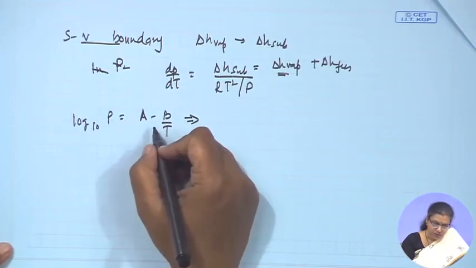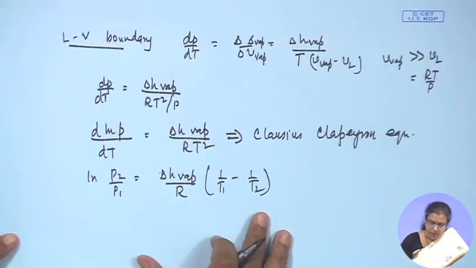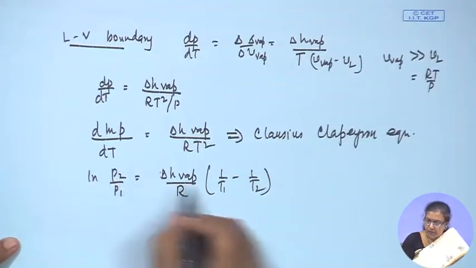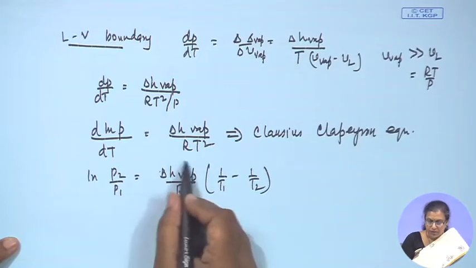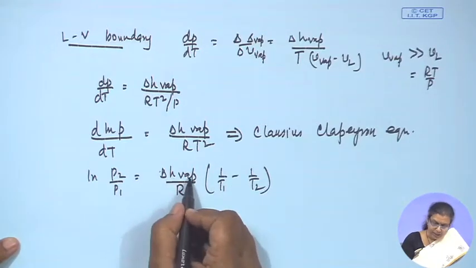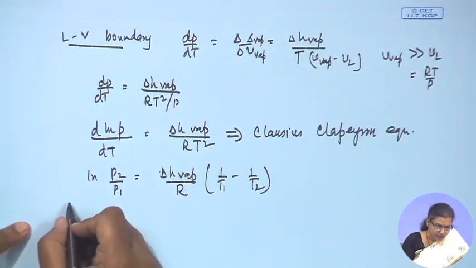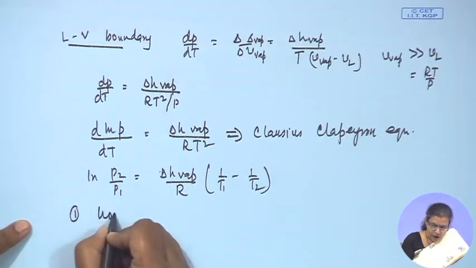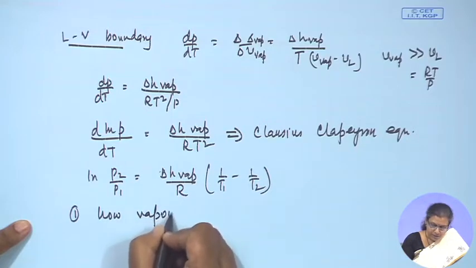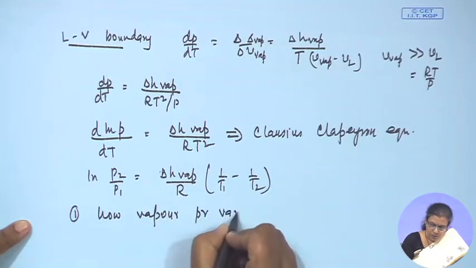The utility of this particular equation, or even the equation written in this form, is, first thing, we can predict the P versus T curve from thermodynamic data on latent heat of vaporization. So, therefore, from here the first thing that we can find out is how vapor pressure varies with temperature.